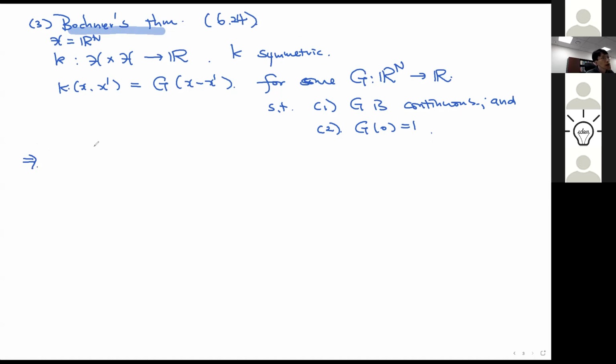In order for K to be the kind of kernel that we want, it has to satisfy one more property, which is positive definiteness.